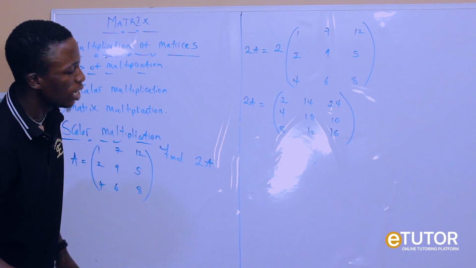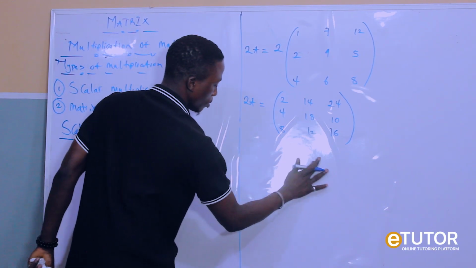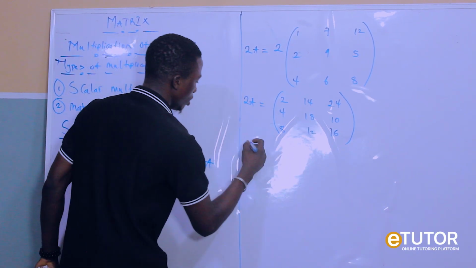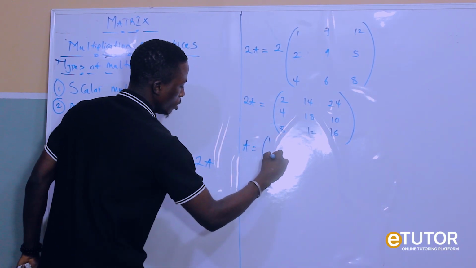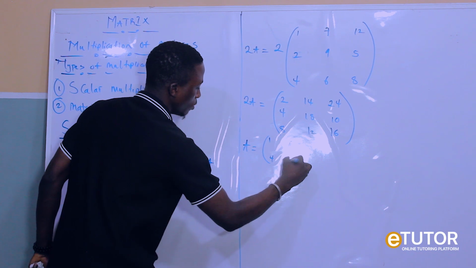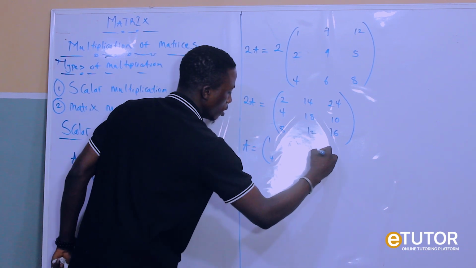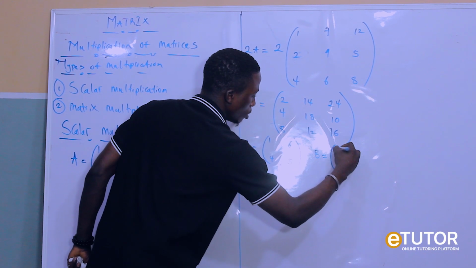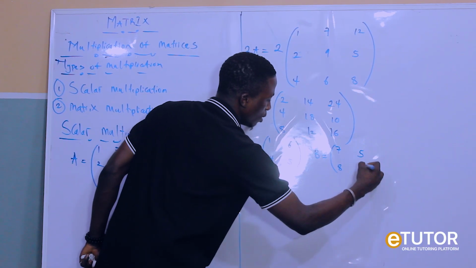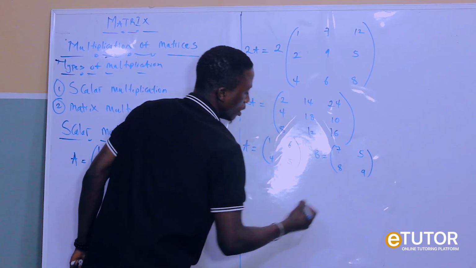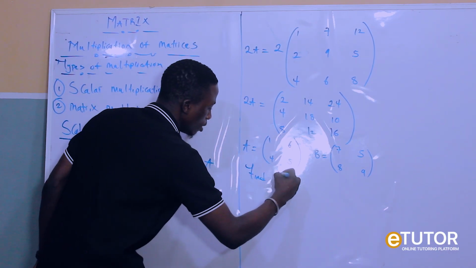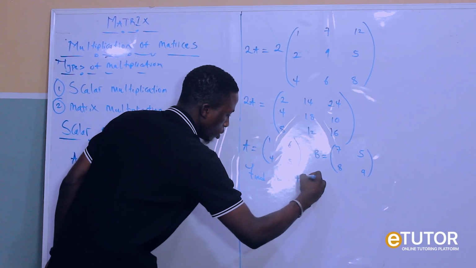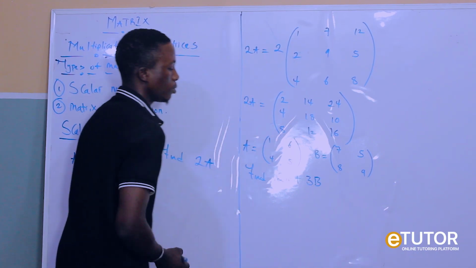So let us take another example on scalar multiplication. Let's say we have a matrix A equal to 1, 4, 6, 5, and a matrix B equal to 7, 8, 5, 9. And we are asked to find 2A plus 3B.